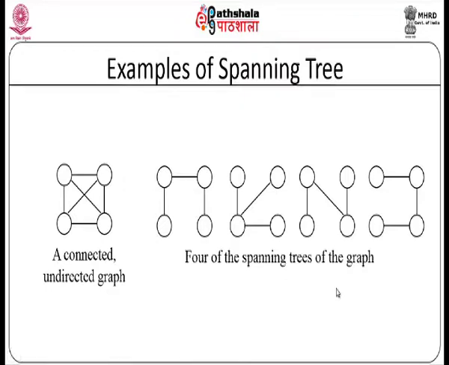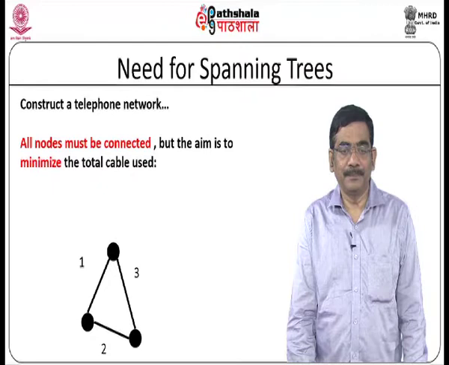We can find a spanning tree by brute force, but it is very complicated, as the number of nodes increases, the number of spanning trees also grows enormously. Therefore, the application of the brute force technique is not feasible.